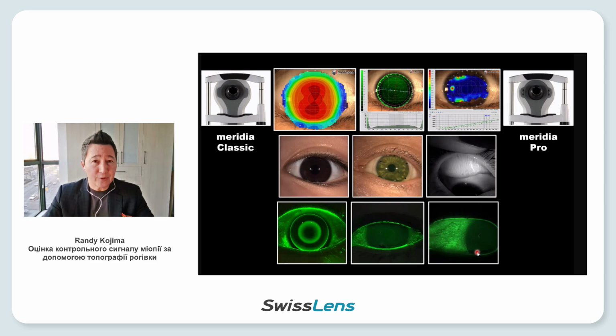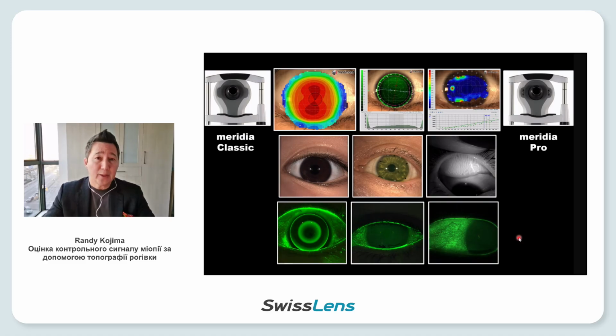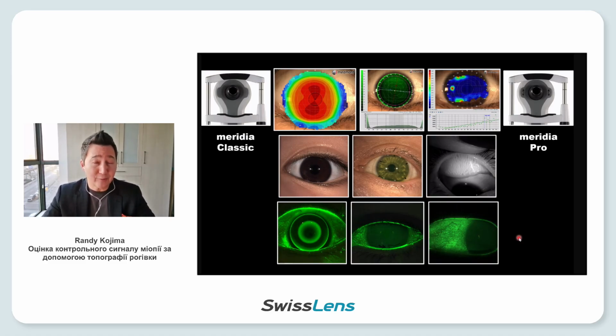The principal difference is the Meridia Pro has the ability to do white light, meibography, and fluorescein imaging, in images and video. And for us at the university, the Meridia has become a virtual replacement of the slit lamp in our education. Now, I mean that specific more to contact lens. Of course, nothing replaces the slit lamp.